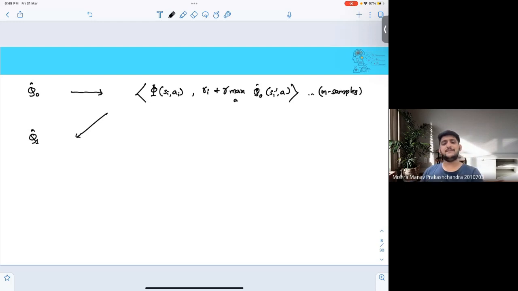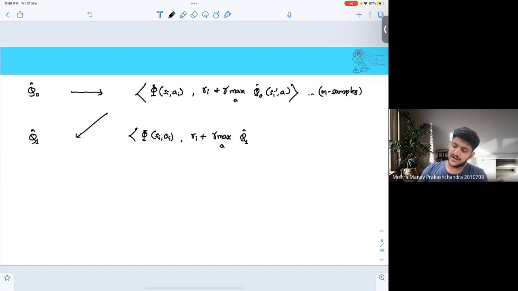After m such samples, I get q1. From this q1, I'll again generate m samples, wherein I take the states with the phi representation. Now the Q function estimate will be with respect to the updated Q value, so here I'll take q hat 1 of si prime comma a.